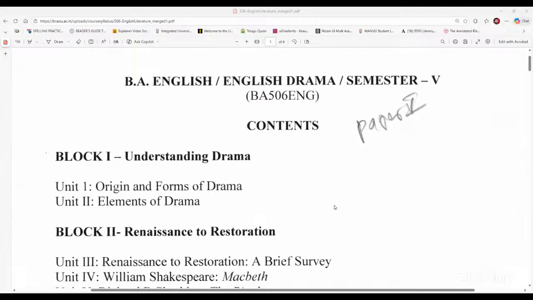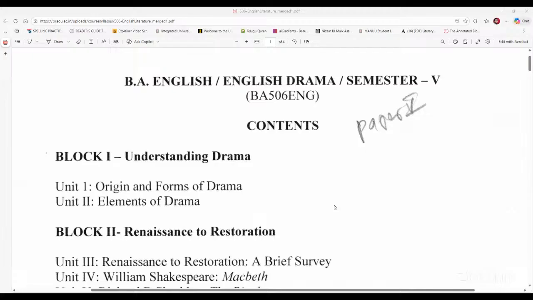The reason that I have attempted to explain to you in a brief way the whole syllabus is because when we study a course, we need to have an outline before us of the whole syllabus.